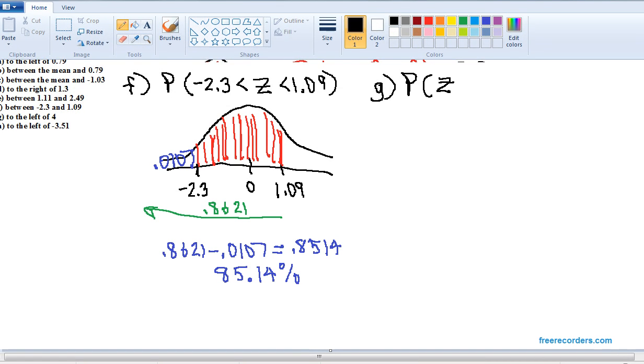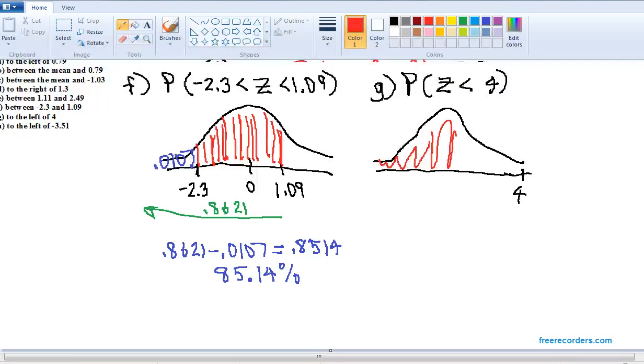To the left of, meaning less than 4. So we're trying to find this area right here.